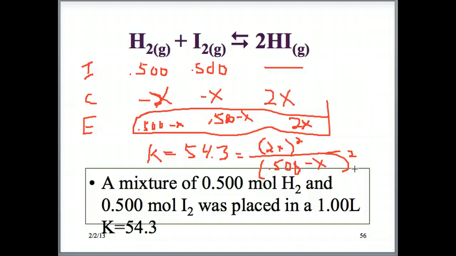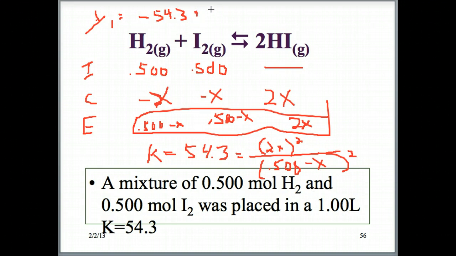Okay, what I mean by that is, in my calculator, what I'm going to enter for my Y1 is going to be a negative 54.3. Basically, I'm going to solve this for 0. If I solve this for 0, I'm going to put the 54.3 on the other side by subtracting from both sides.